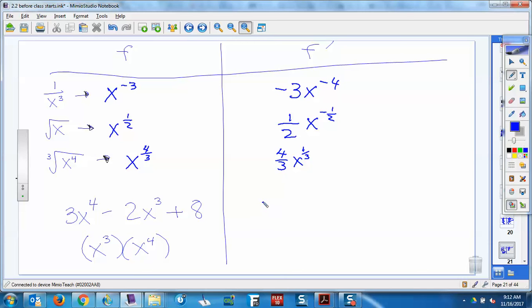So what's the first one? 12x cubed minus 6x squared plus 0 goes away. What about this one? X to the 3rd times x to the 4th. We want to do the derivative.